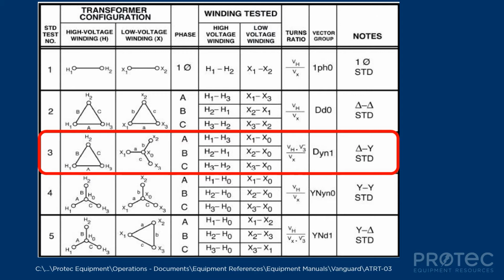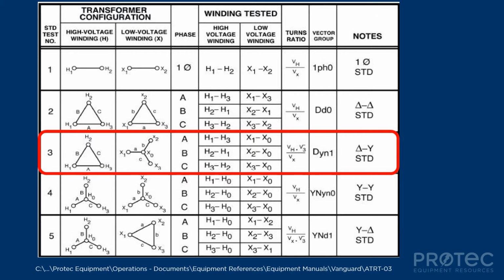So it's a delta Y with a 30-degree shift. That 30-degree shift means that in calculating ratios, we would take the high side voltage, divide it by the secondary side voltage, and then multiply that times the square root of 3 to get our ratio. And that's our calculated ratio that we'll compare to our test results.